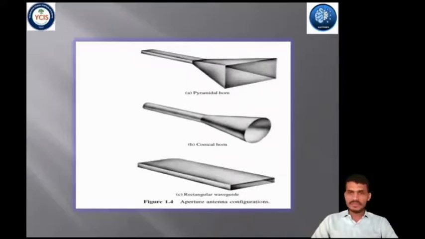In addition, they can be covered with a dielectric material to protect them from hazardous environmental conditions. So these are the aperture antennas. Today we are discussing every antenna in short. For every antenna there should be a separate session for in-detail discussion.